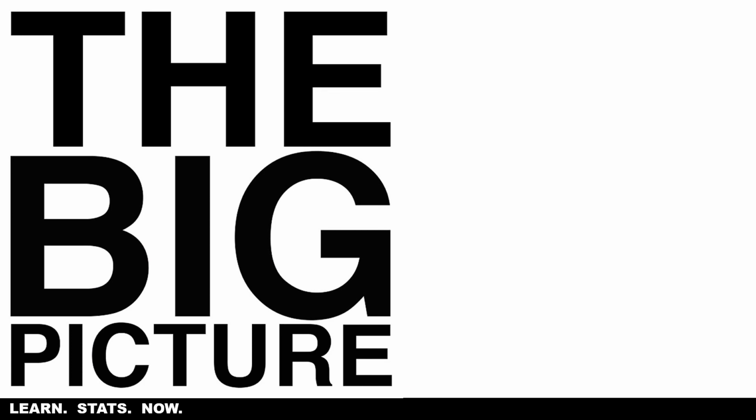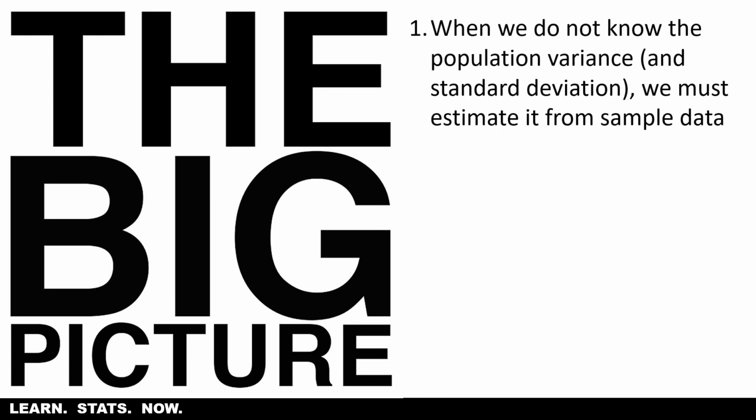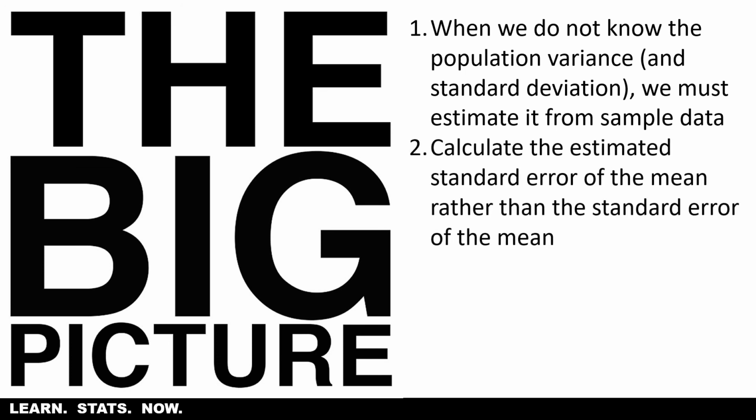So, big picture, when we do not know the population variance, we have to estimate it from sample data. We're going to calculate the estimated standard error of the mean rather than the standard error of the mean. And just as an aside, a lot of times in statistics packages, they're still going to just call it the standard error of the mean or SEM in the printouts and the output, even though it's really an estimate.